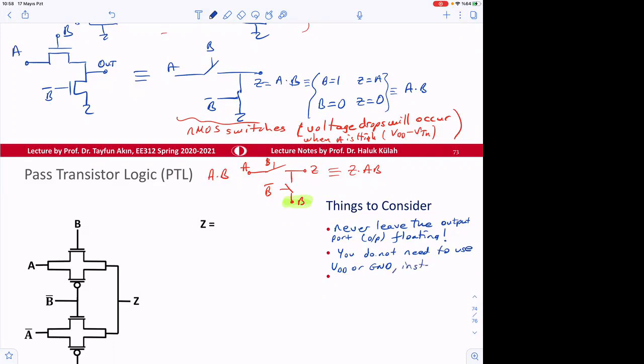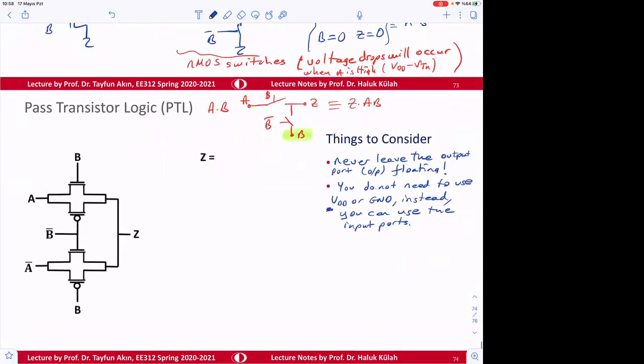Instead, you can use the input ports to achieve this. Okay, so you have to be looking at the circuit accordingly. So this is maybe another way of doing it.